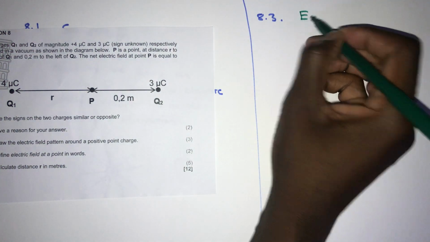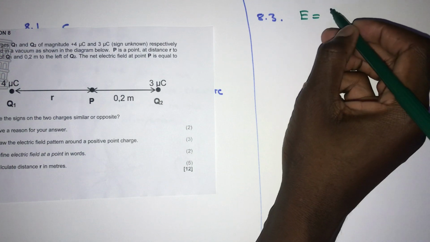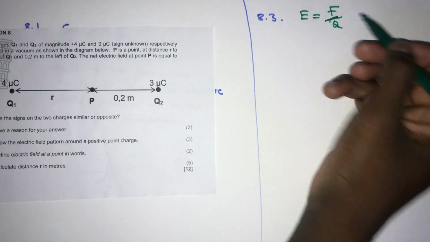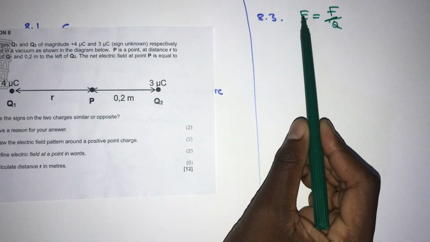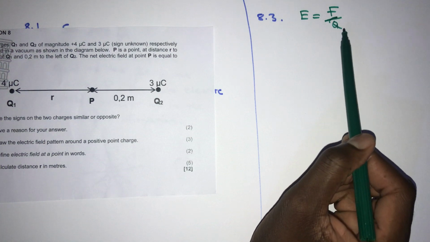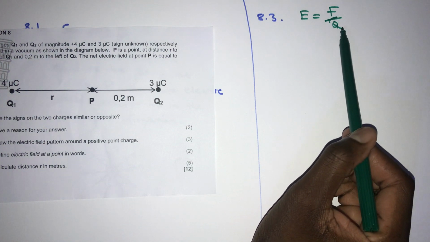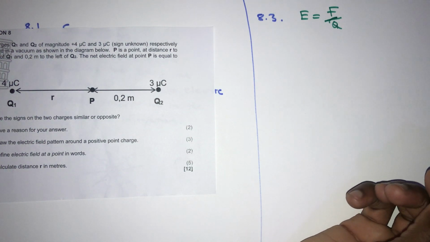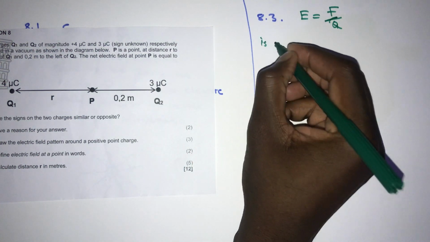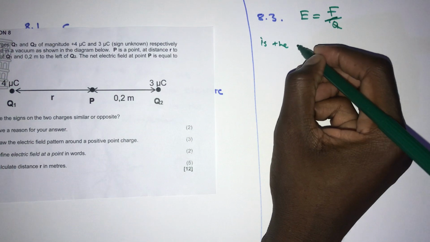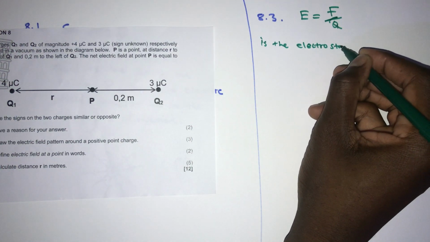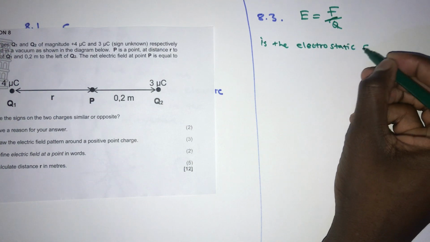So this is the formula for electric field at a point. So electric field at a point is the electrostatic force experienced per unit positive charge placed at that point.